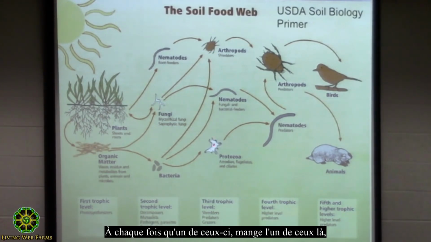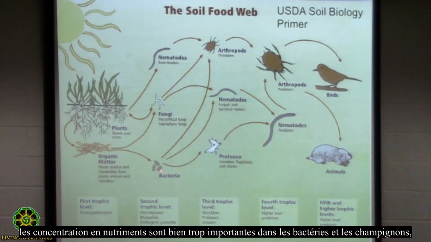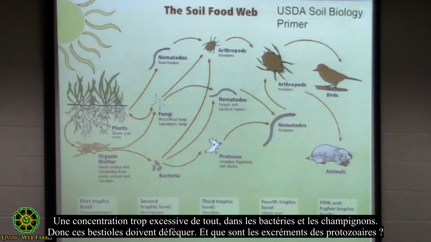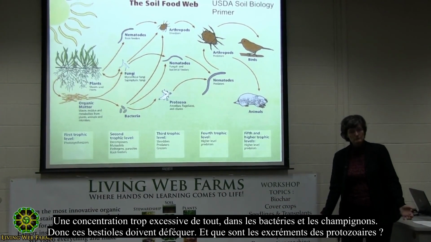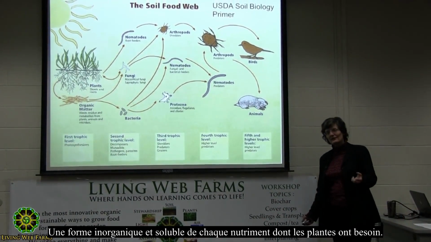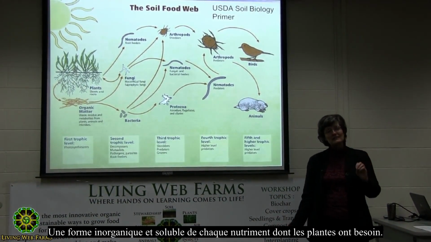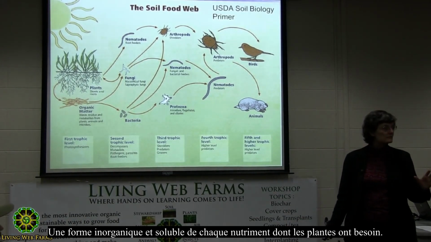Anytime one of these eats one of those, the concentration of nutrients are way too high in the bacteria and the fungi. Excessive concentrations of everything inside the bacteria and fungi. And so these guys have to poop out. So what's protozoa poop? Soluble, inorganic forms of every single nutrient that your plant requires.